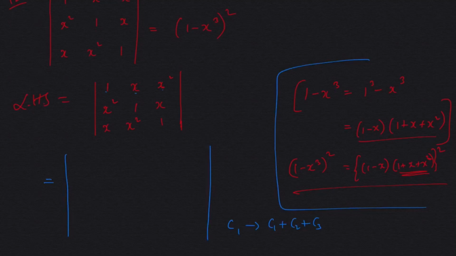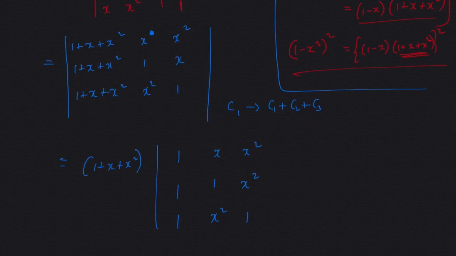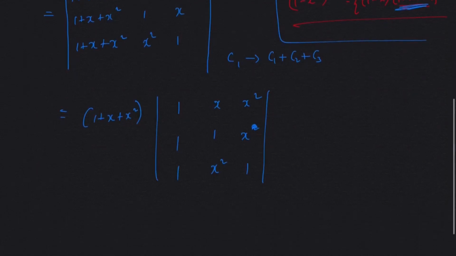So 1 plus x square, 1 plus x square, 1 plus x square. The other two columns, let us leave as they are. Now we can take out 1 plus x square common from column 1. You can see that we already have one part of the proof, this part. So let us continue.